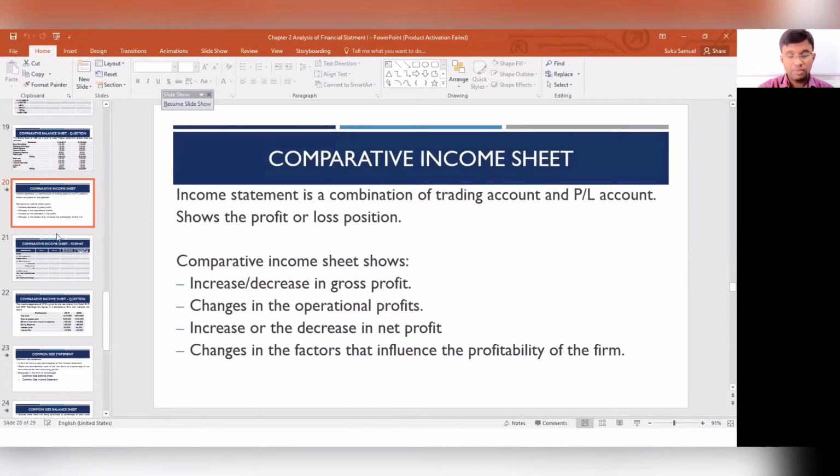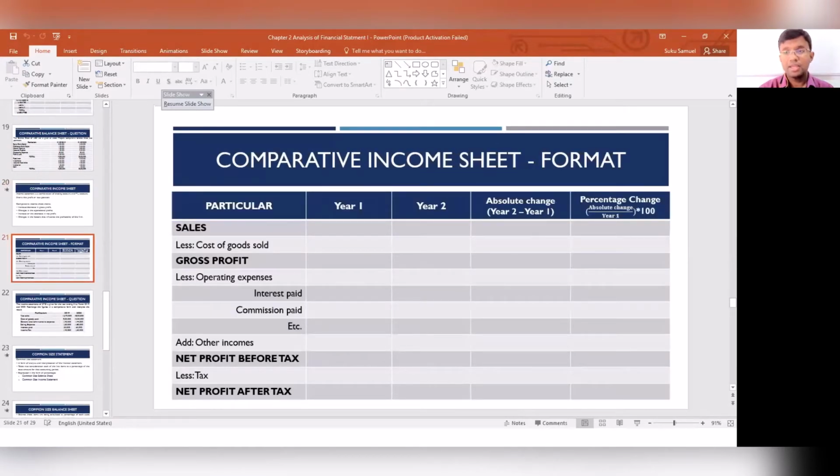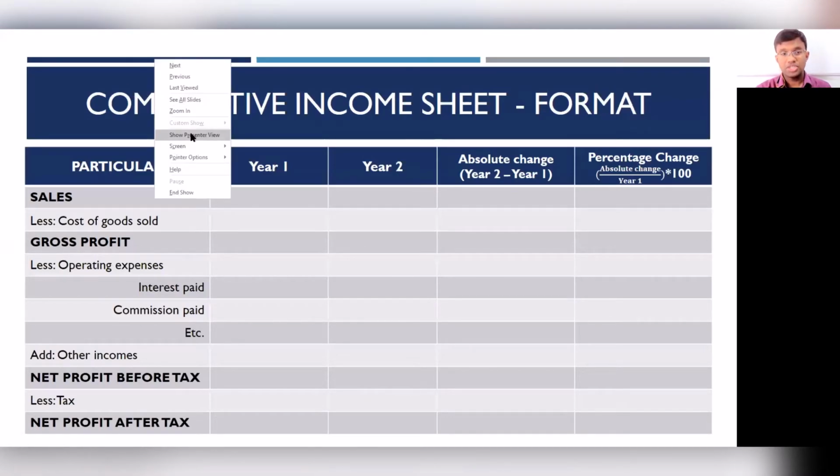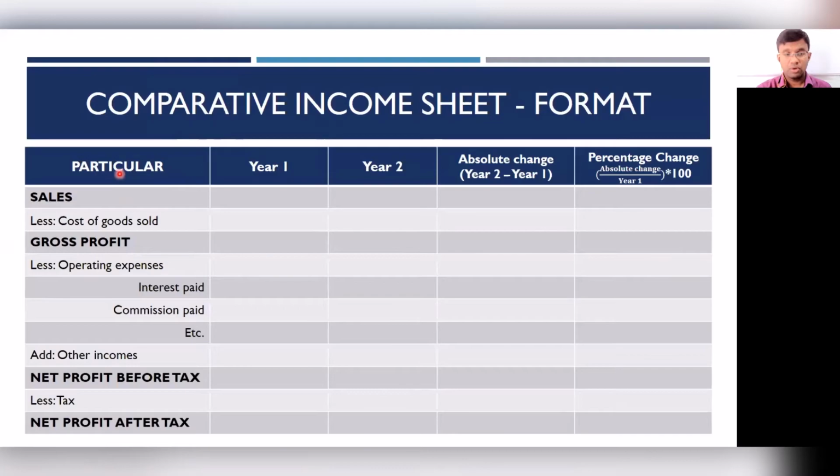Now we will be talking about the format of the comparative income statement. The comparative income statement is very similar to the comparative balance sheet. However, the items displayed here would be slightly different. You will have the items which you usually find in an income statement. An income statement usually starts off with sales, and from sales you subtract the cost of goods sold.